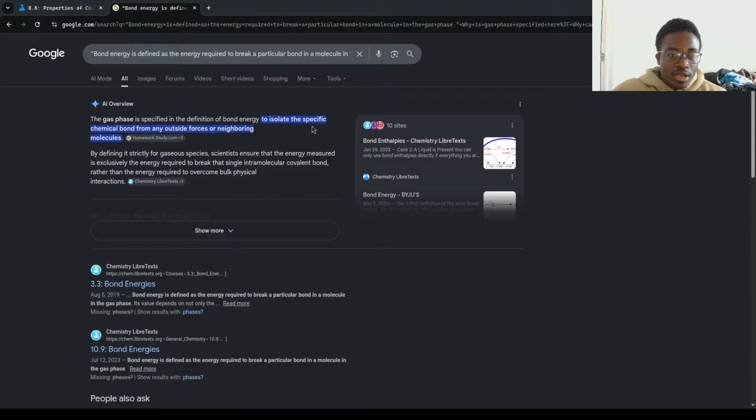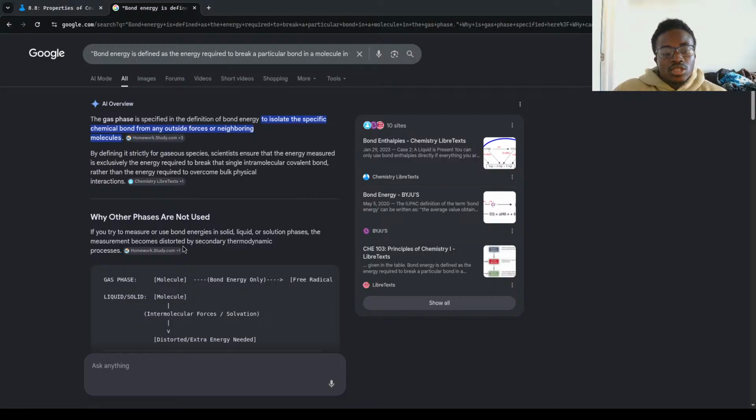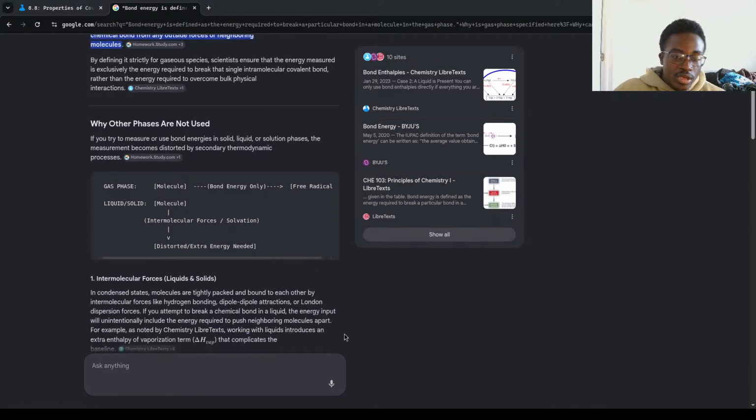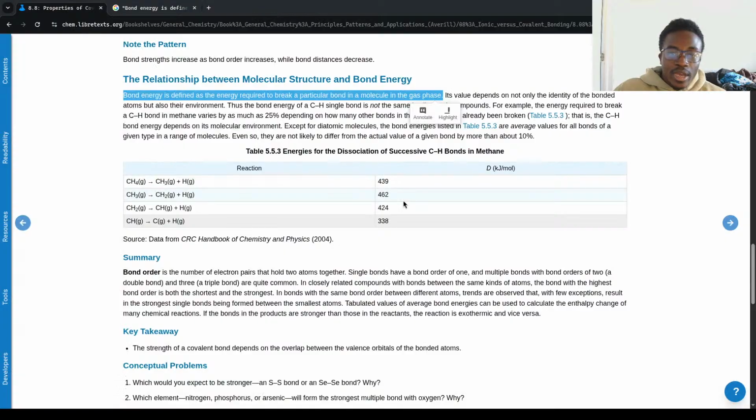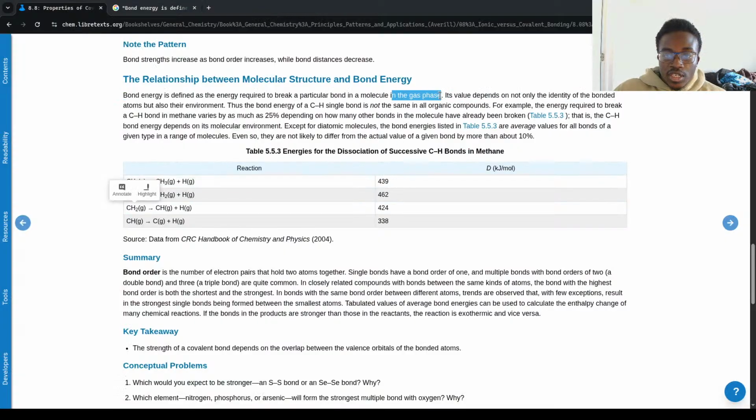Gas phase is specified in bond energy to isolate the chemical bond from any outside forces and neighboring molecules. I guess the reason this is specified is so that when you're determining the bond energy you require to break, you have a more isolated system.